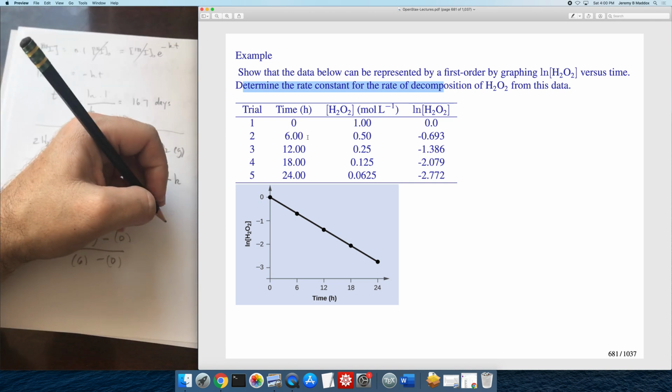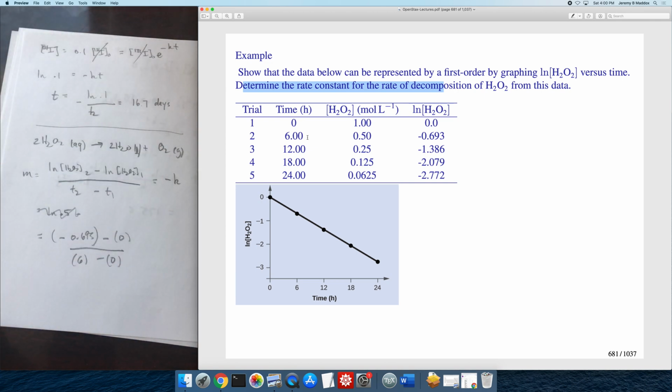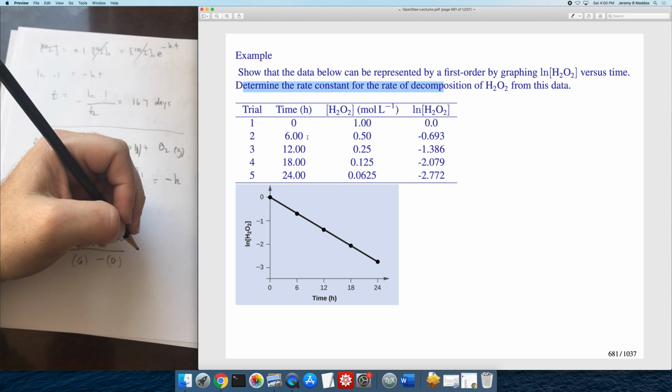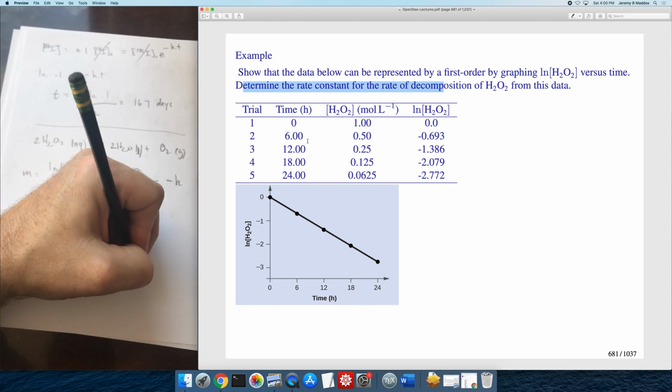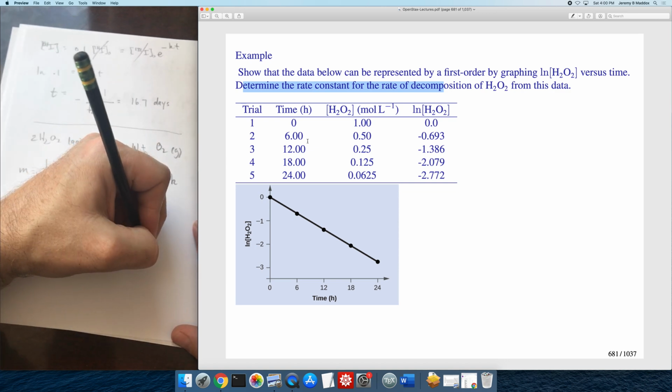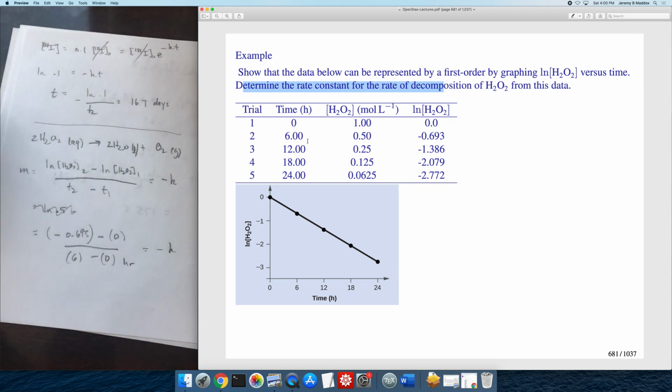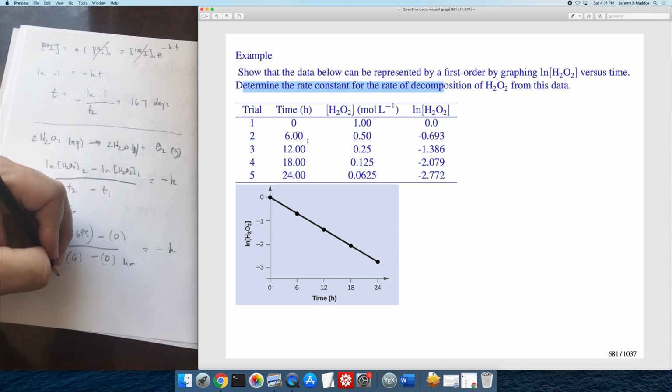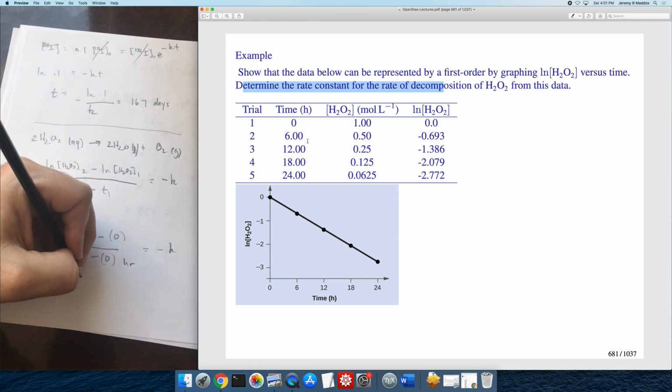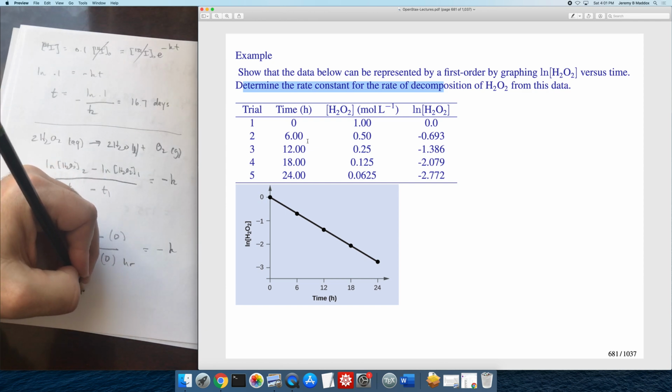And this is units of hours. That's equal to minus k. So we've got 0.693 divided by 6. Correct the minus signs, and you get k equals 0.1. I'm just going to call it 2 reciprocal hours.